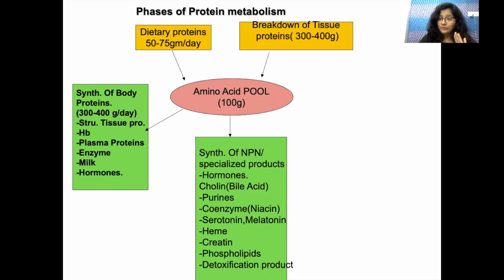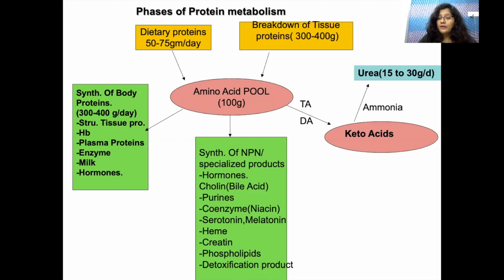After the consumption of amino acids in the formation of body protein and non-protein nitrogenous substances, the remaining part is catabolized to keto acids, and for this catabolism two important reactions, transamination and deamination, happen, and the amino acids are converted into keto acids. Ammonia is detoxified and leads to the formation of urea, and every day around 15 to 30 gram of urea is excreted in the urine.